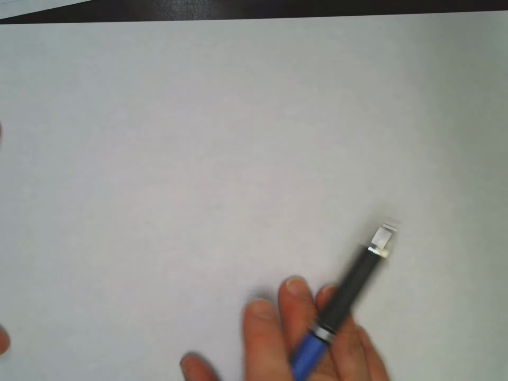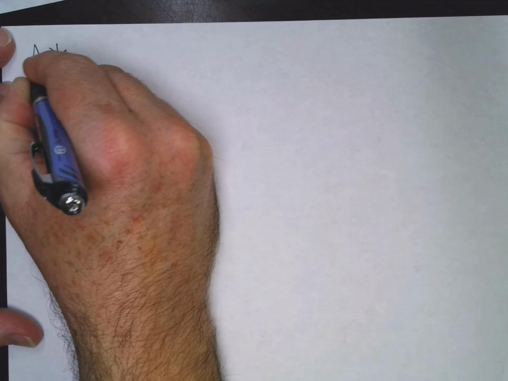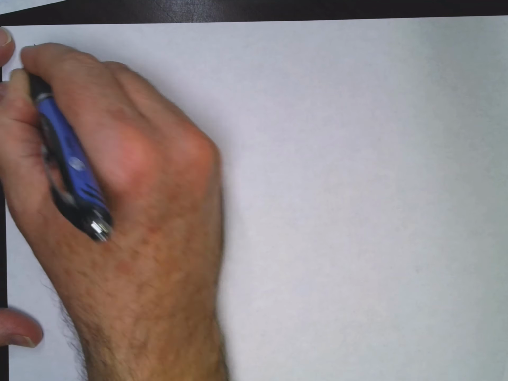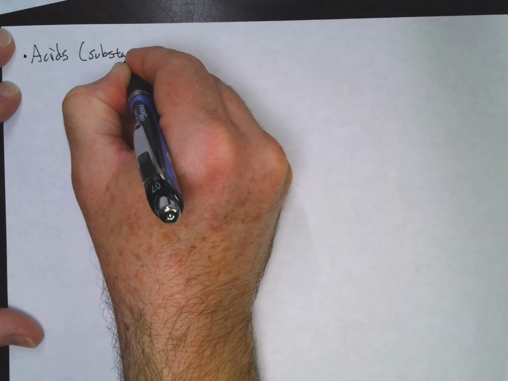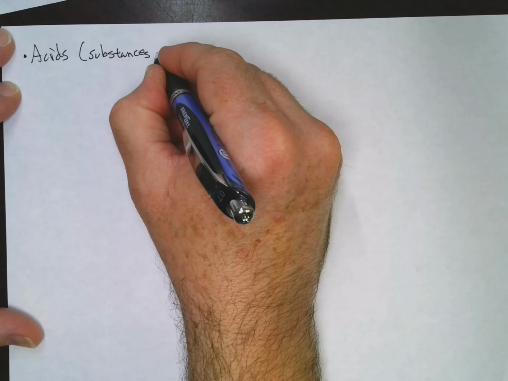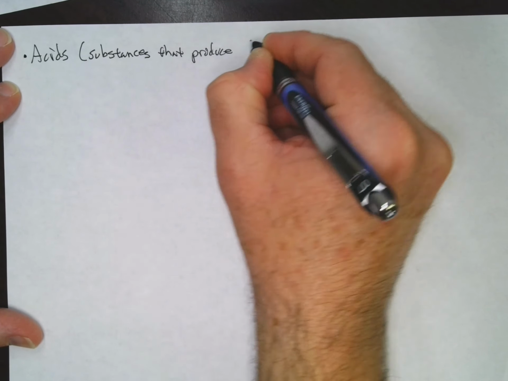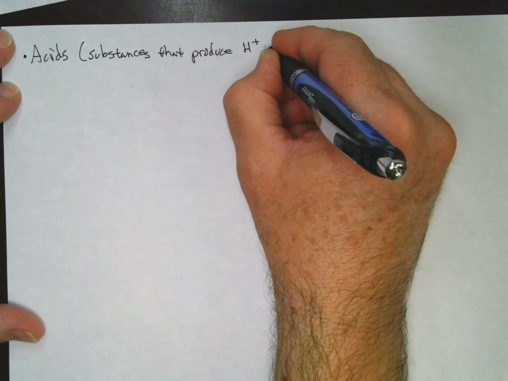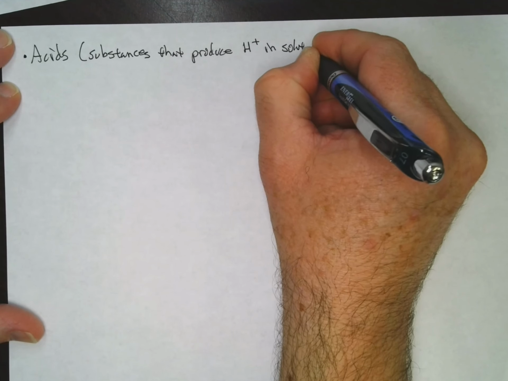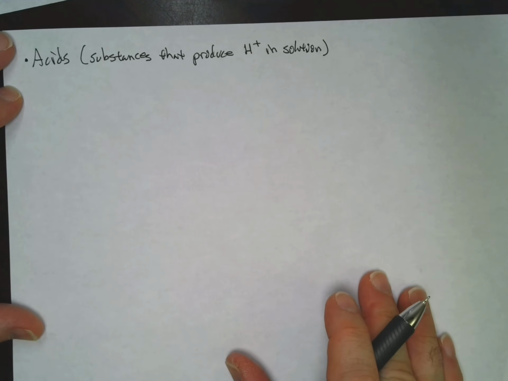One is acids. Let's take a look at acids. And so acids are substances that produce H plus in solution. We'll look at some more definitions of acid later on.